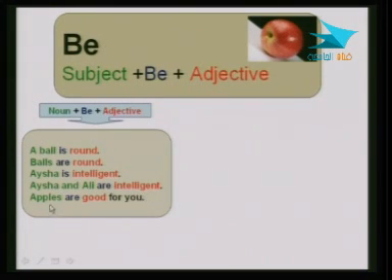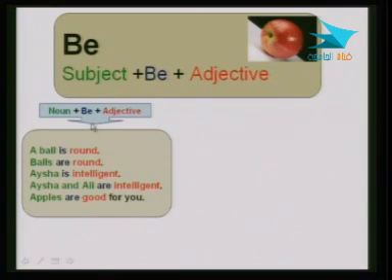And apples are good for you. Apples, more than one. If we only have one, we would say an apple is good for you. This apple, anything like that, is good for you. So this is the first form of examples.